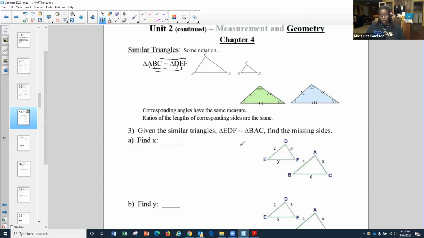Now here's what we're going to do. We are going to use the fact that the ratios of the lengths of the corresponding sides are the same to solve for the missing piece of the triangle. Here we are with problem 3.